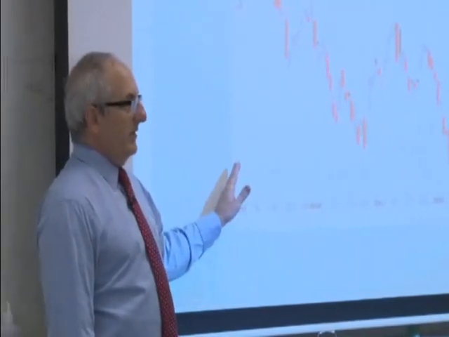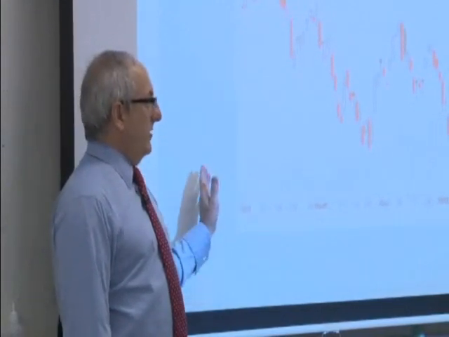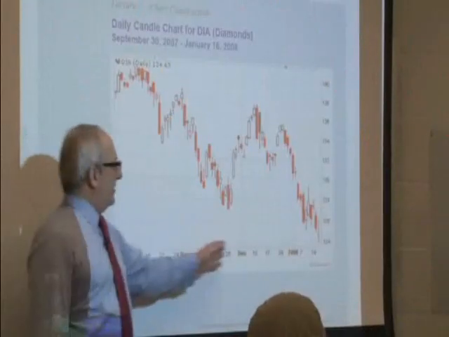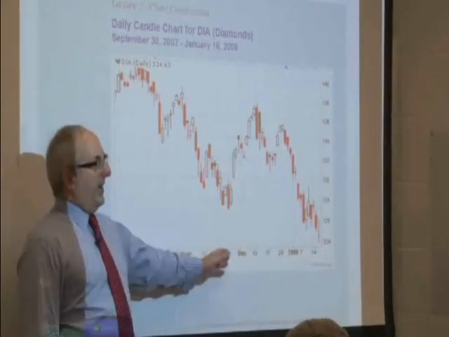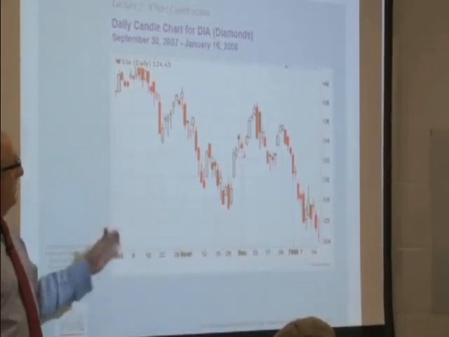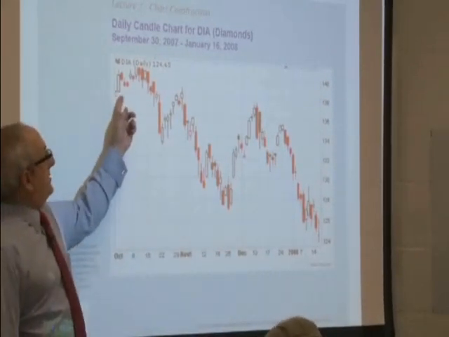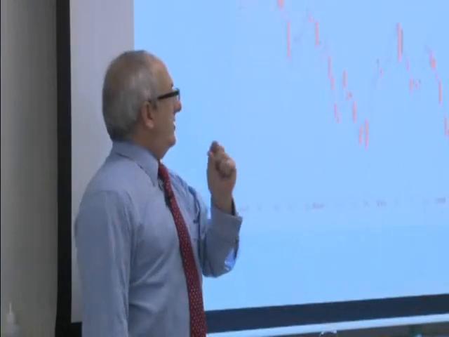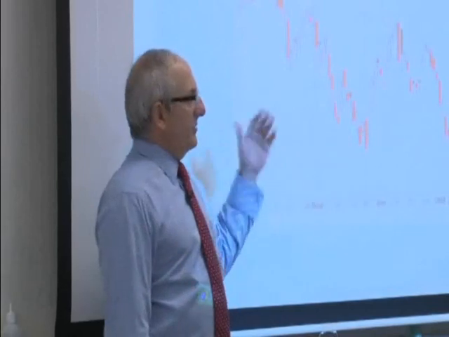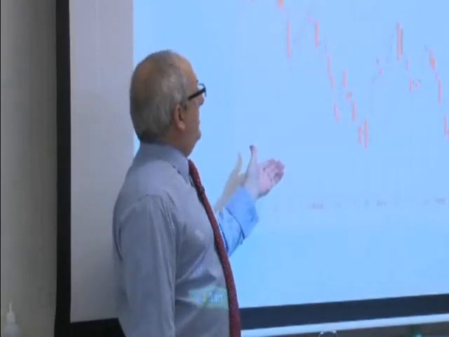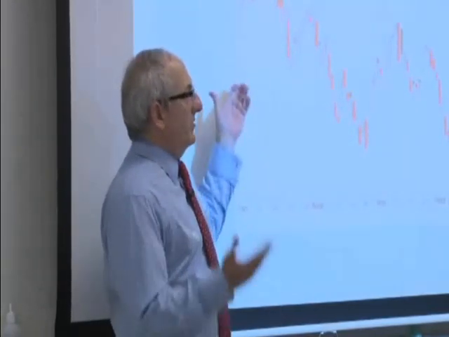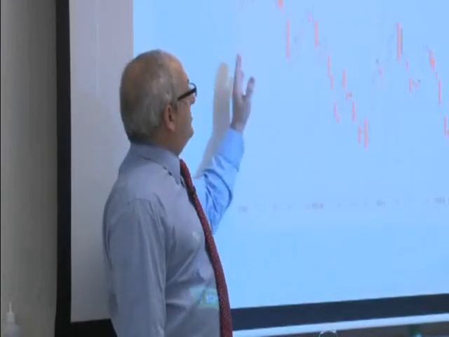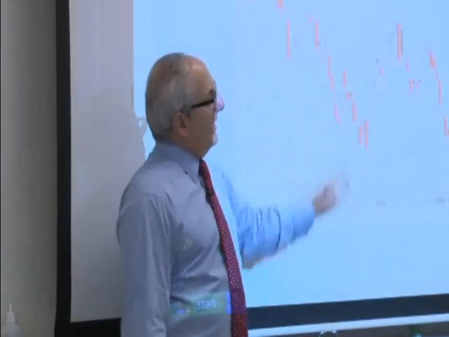Days when the market is closed are omitted, but every day the market's open is marked on the bottom of your chart, and it's very regimented. Each day has the exact same amount of horizontal space as the day before. Doesn't matter whether the volume's high or low. Doesn't matter whether the market was only open for a half day. Each day is given the same amount of space.